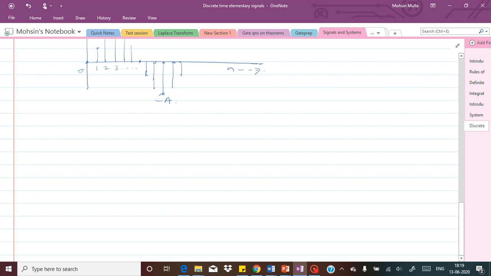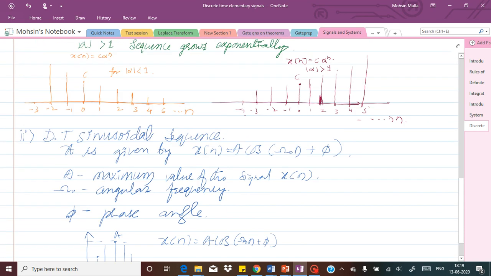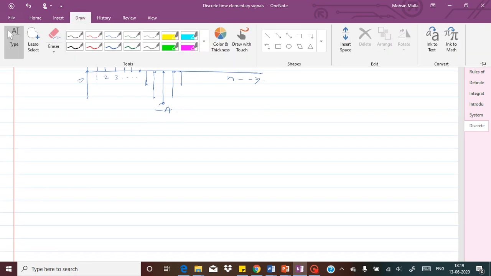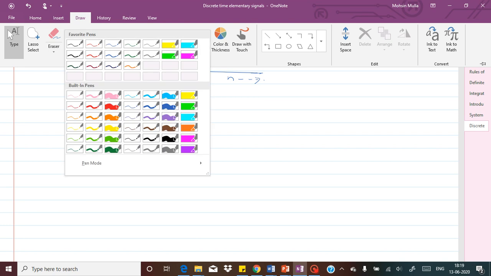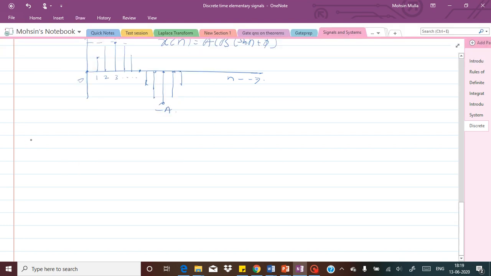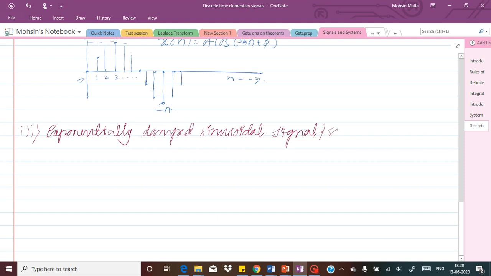The next one is the exponentially damped sinusoidal signal, or sequence, also we can write.